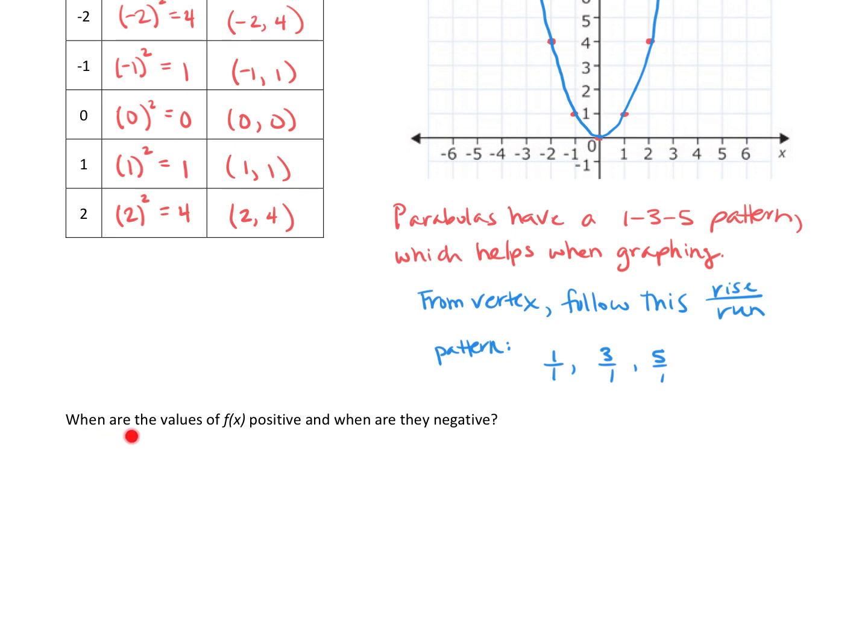All right, when are the values of f of x positive and when are they negative?